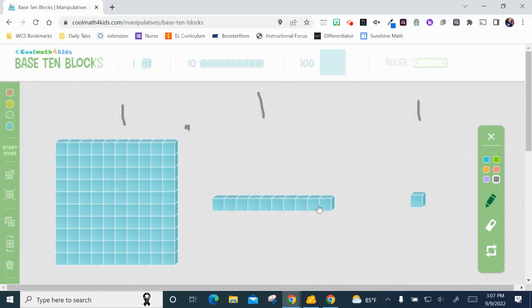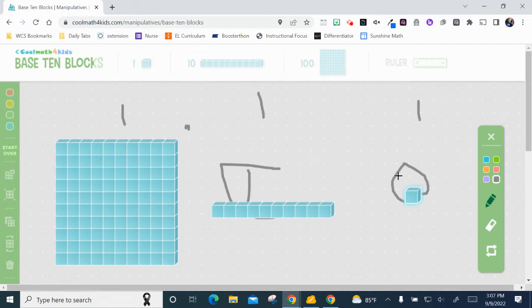And then this is going to be your tenths, because one big rod is equal to 10 rods inside of the one whole. So our one big rod we're going to think of as 1/10. And then our small square is going to be our hundredth. So we've got ones, tenths, and hundredths there.